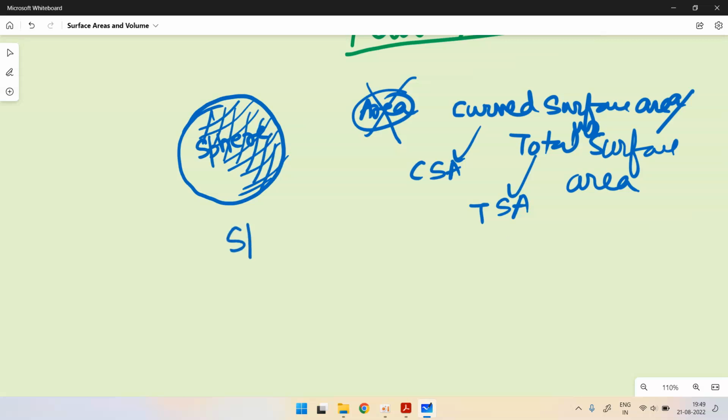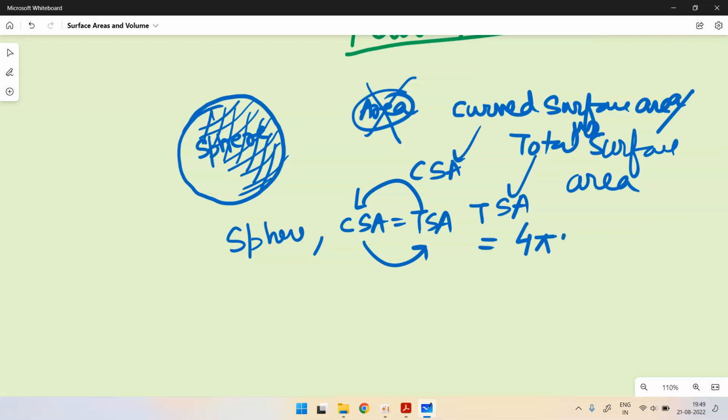For a sphere, CSA will be equal to TSA, and it is given by 4 pi r square, where r is the radius of the sphere. Now what is volume?